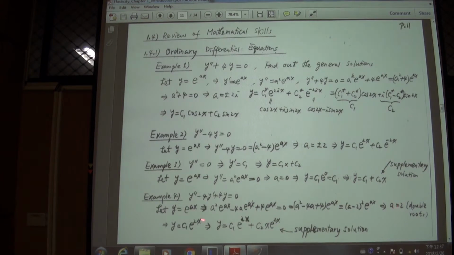Since a equals 2, we put it back into y equals exponential ax to get exponential 2x, times one arbitrary constant C1. But we have only one particular solution, so we should add another solution, called the supplementary solution.